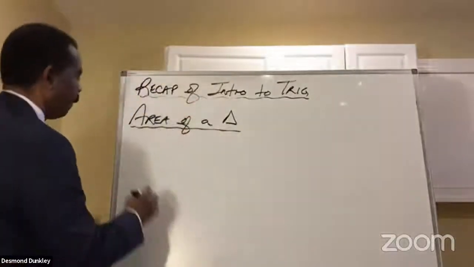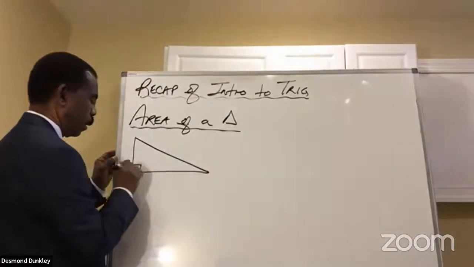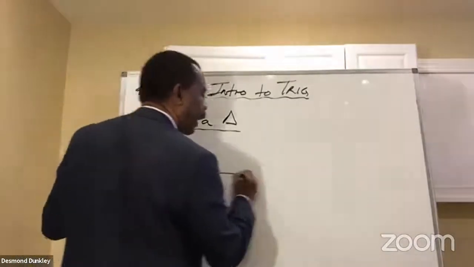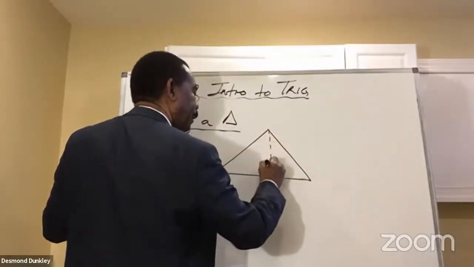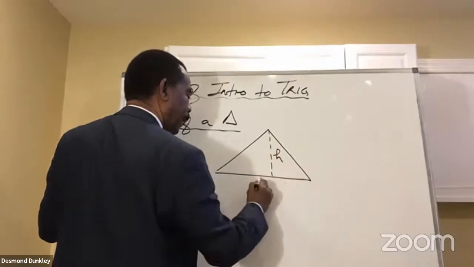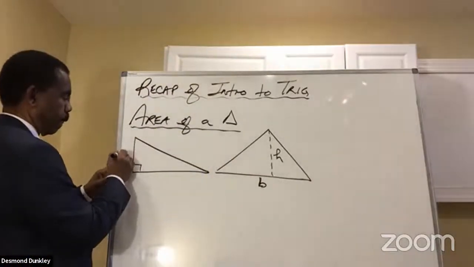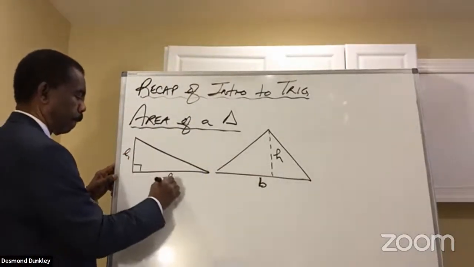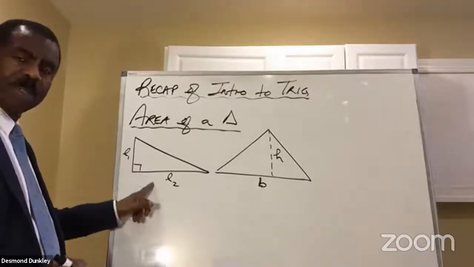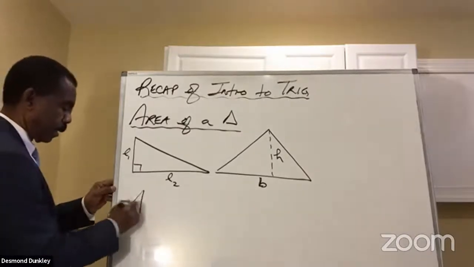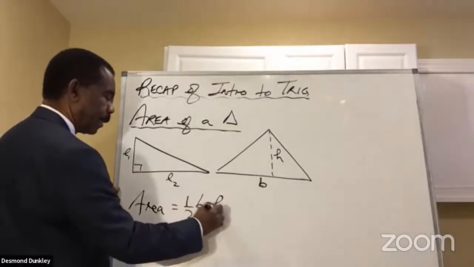Okay, so if you have a right triangle, or if you have a triangle that you can find the height and the base. If it's a right triangle, then these two are the legs. And therefore the area is equal to a half times the base times the height.